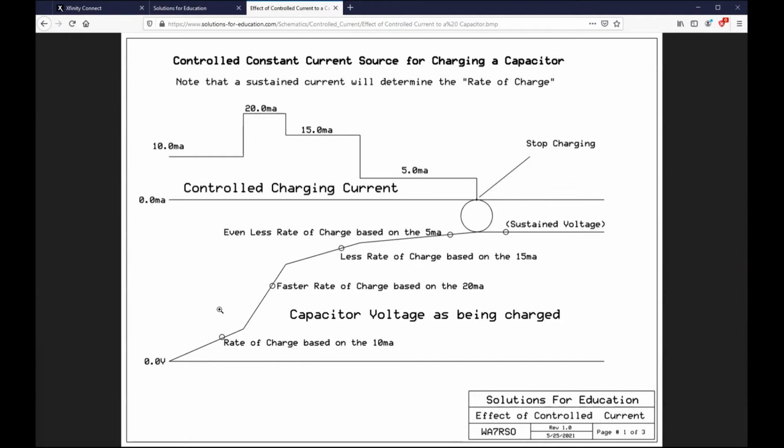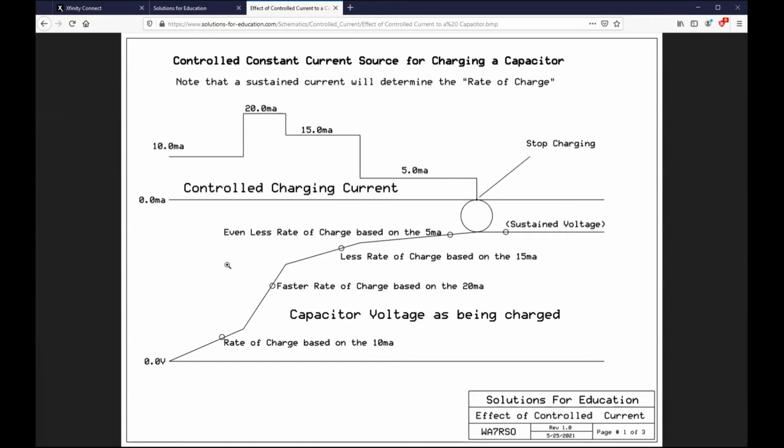Now, notice what I've done. The only voltage we're looking at is the voltage on the capacitor, which is a result of, guess what? Accumulation of electrons on one side and peeling them off on the other side, because that's what represents the differential of the charge across the capacitor.